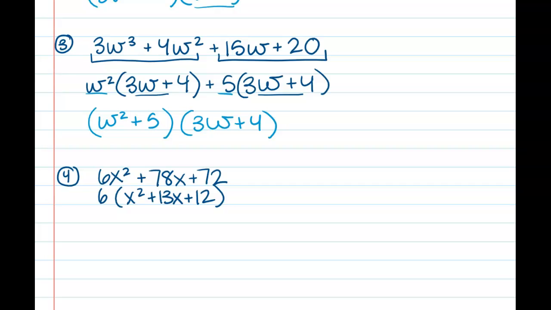When you're factoring something like this, we know we're going to have 6 and then 2 binomials starting with x. And then using the shortcut, we're looking for what numbers add to be 13 and multiply to be 12. That's going to be a positive 12 and a positive 1.